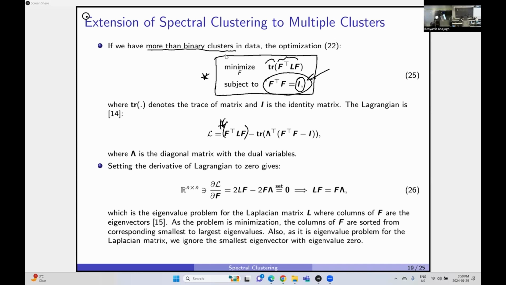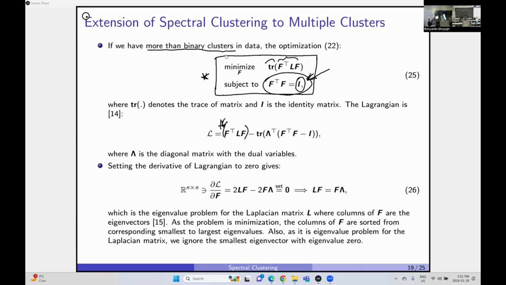By the way, maybe you are wondering why we have the constraint here. Drop the constraint. What happens? Minimize trace of F transpose LF. What happens? Yeah, F will be 0.